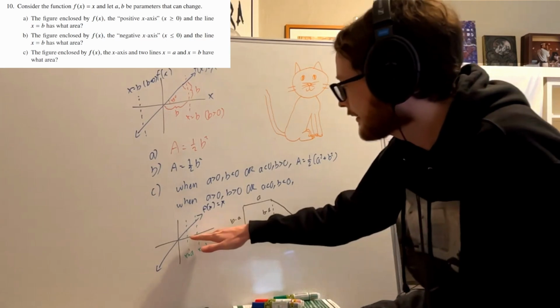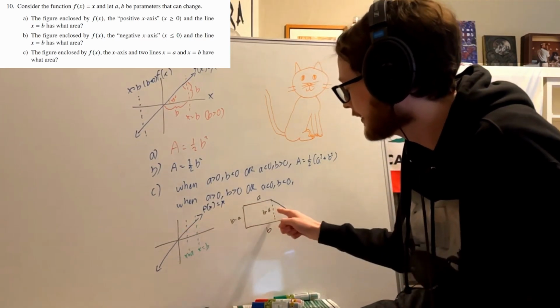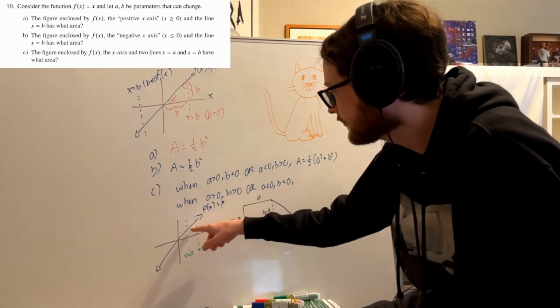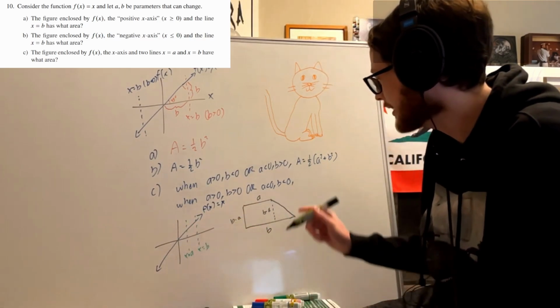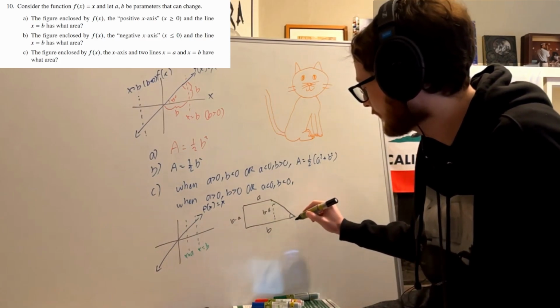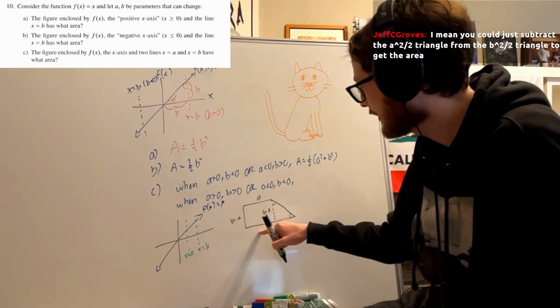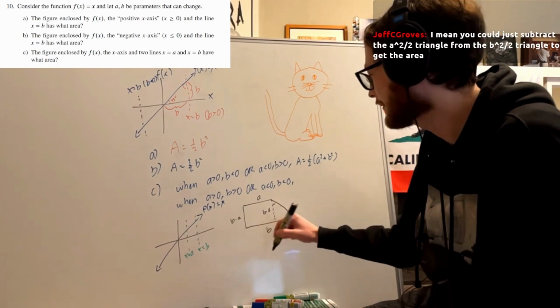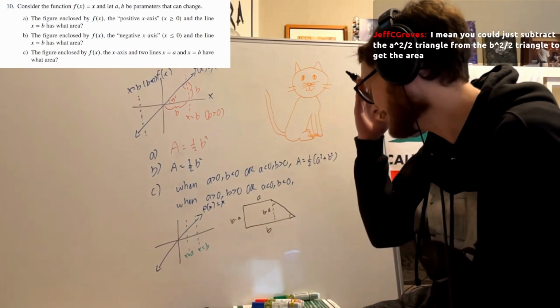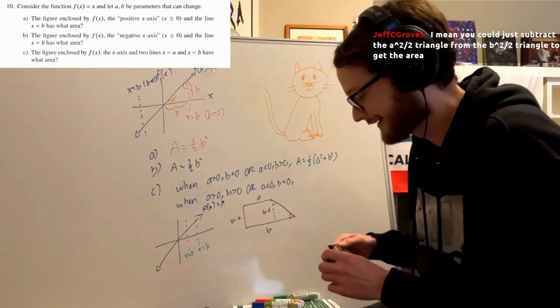Because if you were to draw an imaginary horizontal line here, like we did there, you're still making a 45-degree angle. So actually, no, I'm sorry. It's not a square. I was thinking of something. Ugh, okay.